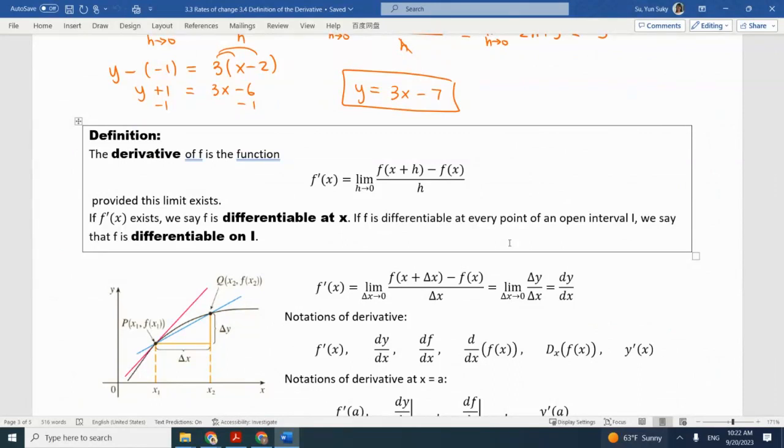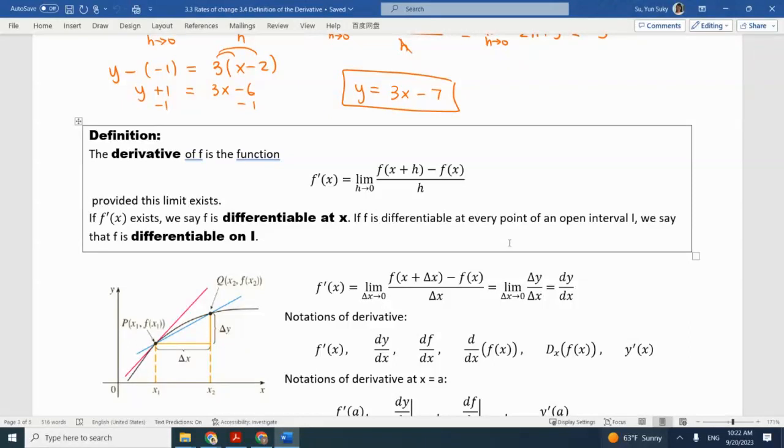We had the formula f of a plus h minus f of a over h. Now you let a be a variable. Let a move. Then x goes over the domain, and this becomes a function of x. You simply replace a by x, and you get a function of x. So this is the derivative. It's the slope of the tangent line.